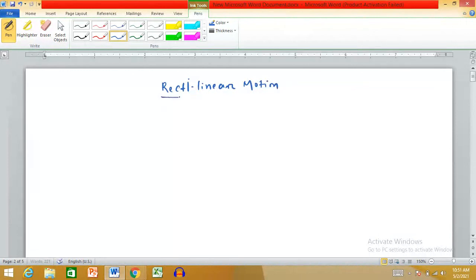In rectilinear motion we will discuss two parts. First, we can divide motion into three categories. That is, uniform velocity motion.